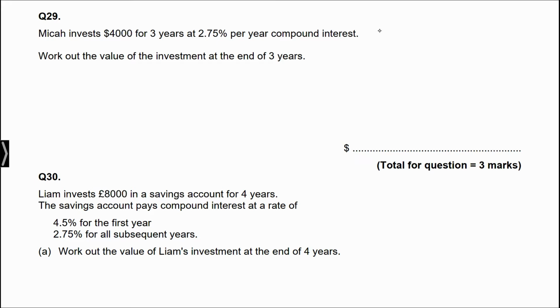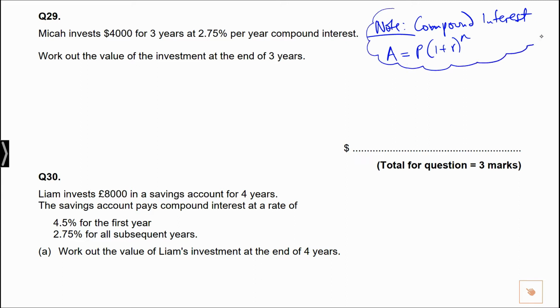Now, one thing that you have to remember is that for compound interest, the final amount at the end of the investment period is equal to the initial amount multiplied by 1 plus the rate to the power of n, where n represents the number of years. So, we can use this formula here to solve this problem.